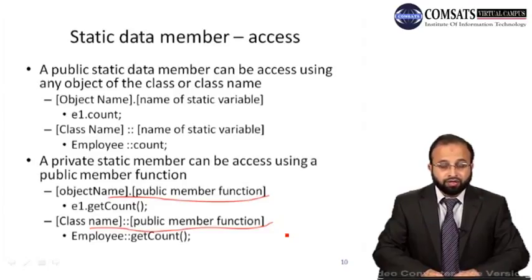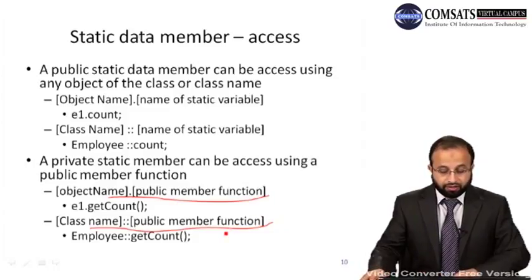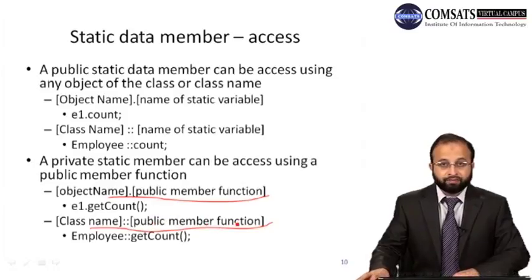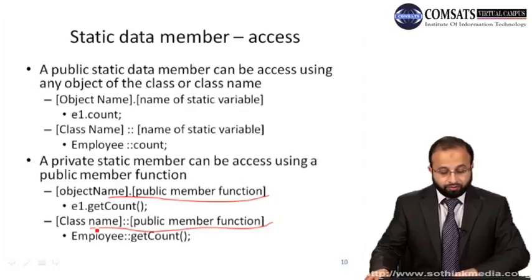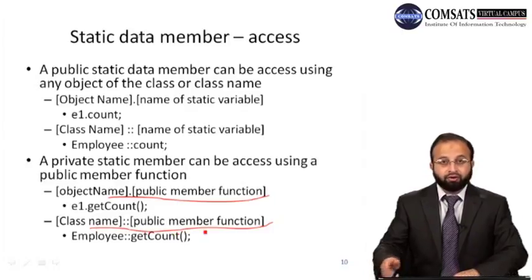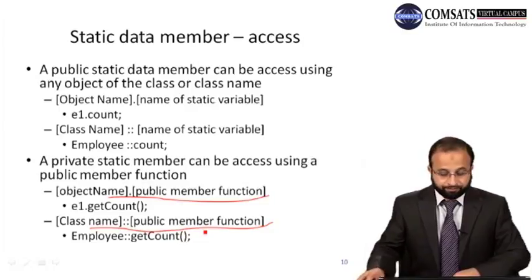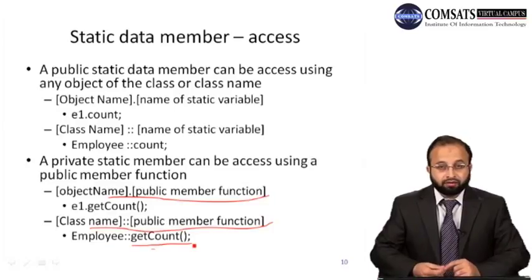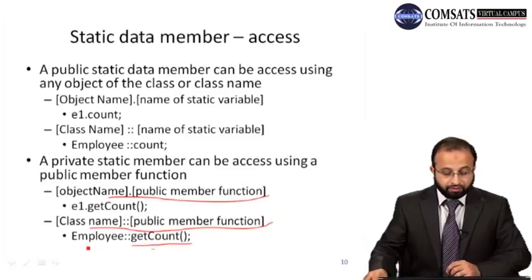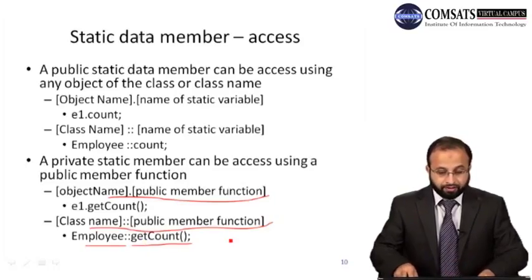You should only be accessing the static data member, not the non-static data member, because if you are accessing a non-static data member from this public member function, then that would be a compiler error, because this function is not invoked with any object, right? So it's not possible to get the value of the private data member of any object. So the get count function should not be accessing the value of the private data member of the class when you invoke it with the name of the class, like this, right?